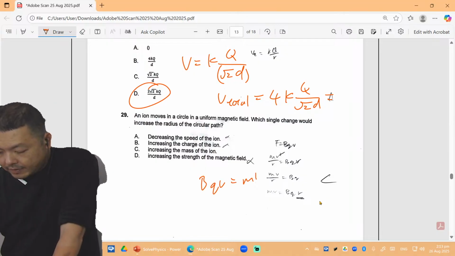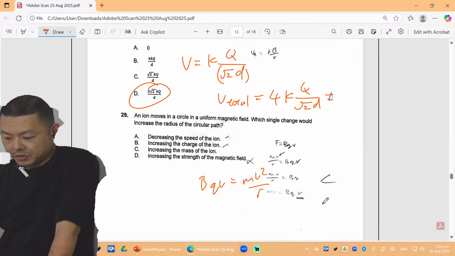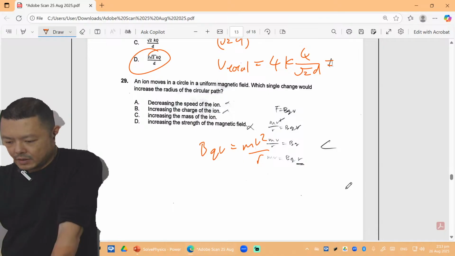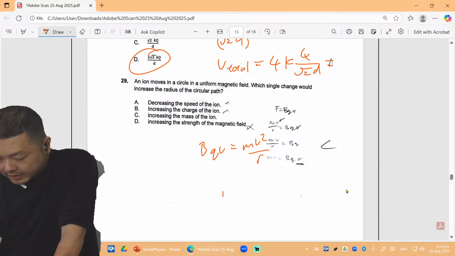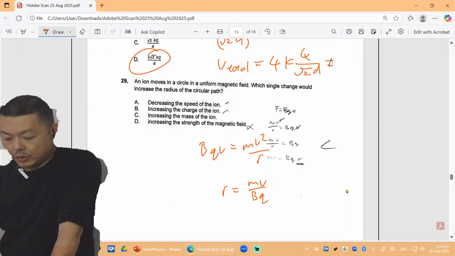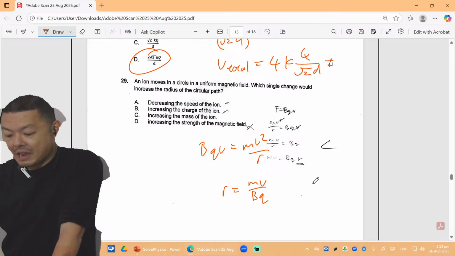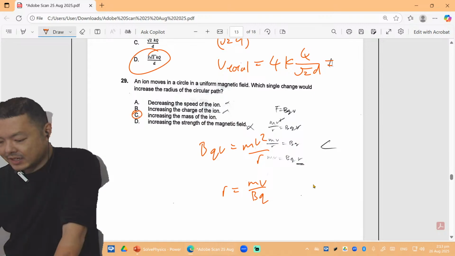BQV equals MV squared over R. Strange, Mark Menon asked me this question the night before. So am I right to say that R equals MV over BQ? So what would you do? You would increase the mass to get a bigger radius. So C is your answer. All right, good. Let's go on.